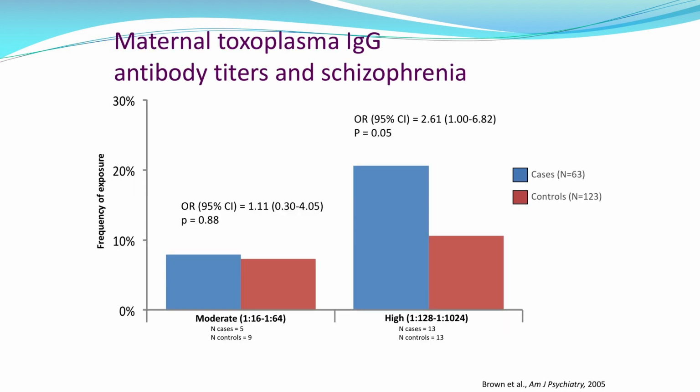What we showed here was we measured toxoplasmosis titers, looking at those in the moderate range and those in the high range. For those in the high titer range, we found the cases were markedly overrepresented compared to the controls. So we had an association between both influenza and toxoplasmosis and schizophrenia, using biobank serum.